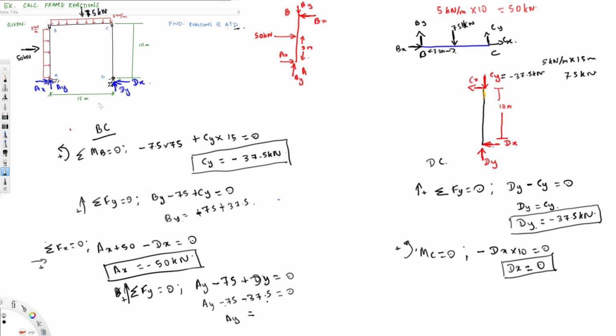If I find this one, 75 plus 37.5 is going to be 112.5, right? Yeah, negative, so it's going to be positive 112.5 kilonewton. So this is my final answer.